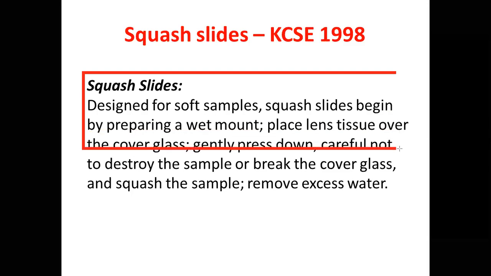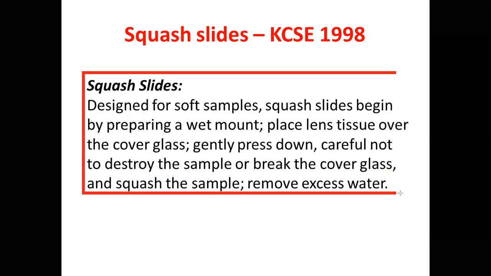Then we place the cover slip, which is what they are calling the cover glass. Once we place the cover slip, you don't stop there. You press gently downward, carefully not to destroy the sample or break the cover slip, and squish the sample, remove excess water. So we are pressing the cover slip gently.